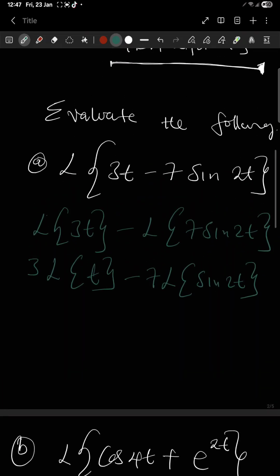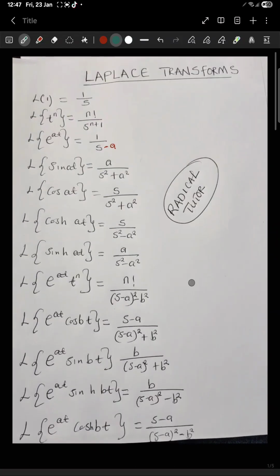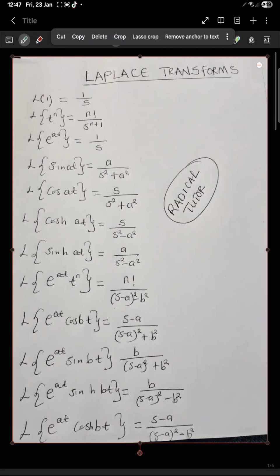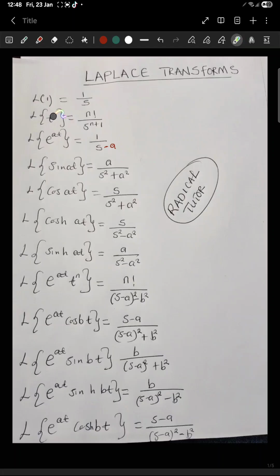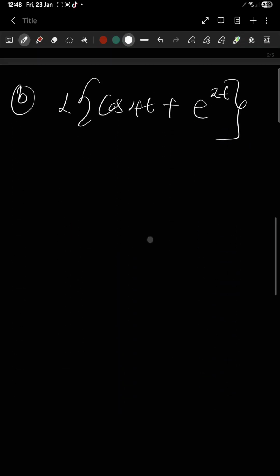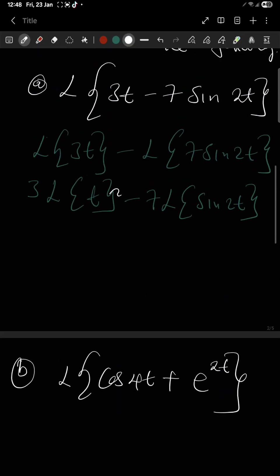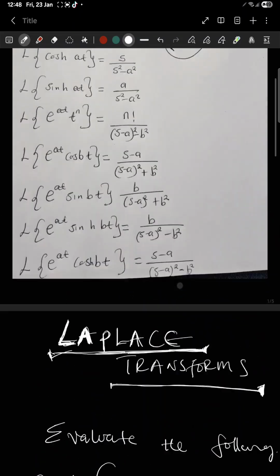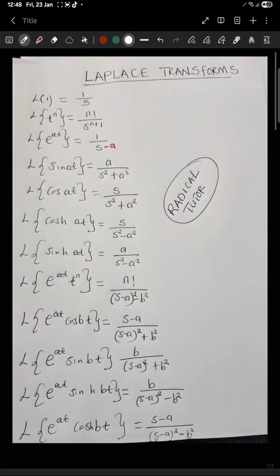We know that if you are given a transform of t, do we have any transform of t from these transforms? Yes, you have the transform of t to the power n. Since we have only t in our question, it means that t is the same as power 1 there. So we have transform of t to the power n, and our n in that case is 1. So what is the transform of t to the power n?